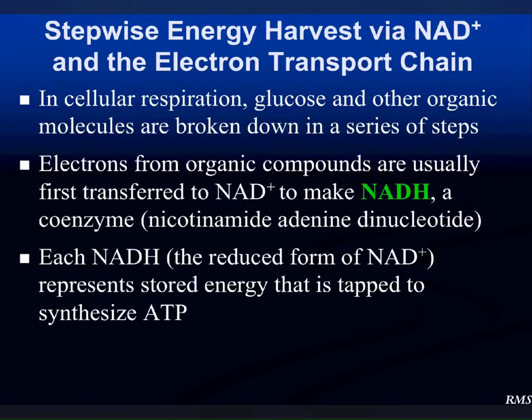Okay, so one of the things I said you're going to have to know about cellular respiration are where those electrons go. So we're going to follow glucose, we're going to follow how it gets broken down, but out of it are going to be electrons, and those electrons have to be carried around. And that's the importance of this molecule right here. This is a molecule you have to know. I'm not worried about either the oxidized or reduced state of it.